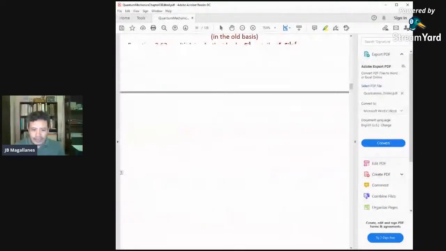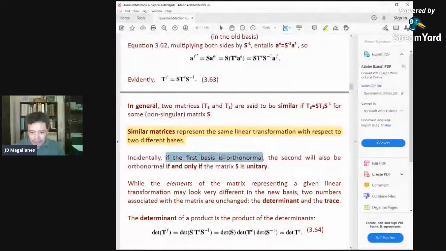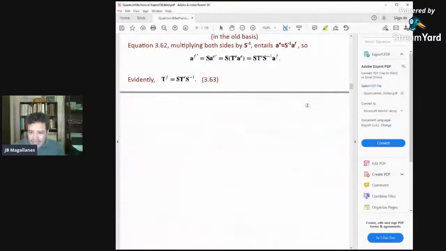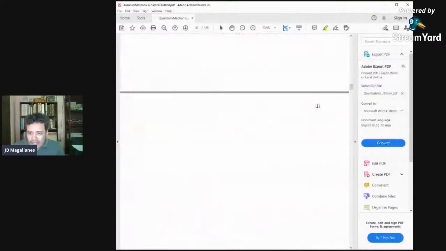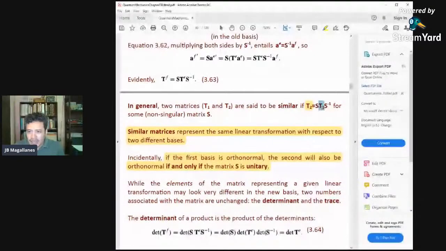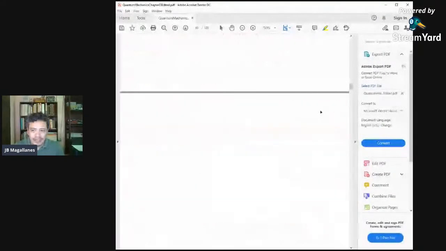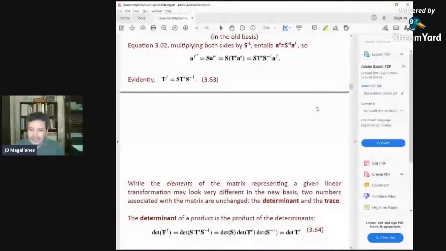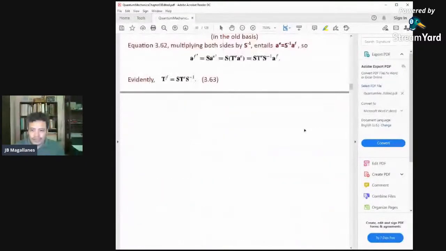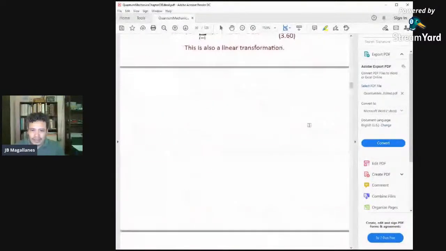So here, if the first basis is orthonormal, the second would also be orthonormal if and only if the matrix is unitary. The basis of T2 is orthonormal if and only if the basis in T1 is also orthonormal, but there's a condition that S would have to be unitary. So what is a unitary matrix?